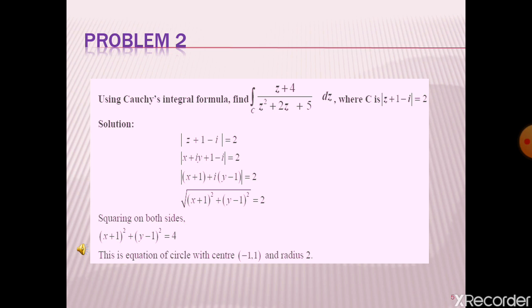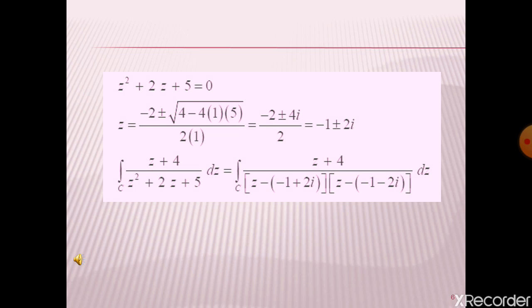On simplifying, we arrive at (x + 1)² + (y - 1)² = 4, and it is the equation of a circle with center (-1, 1) and radius 2. Now I take the denominator z² + 2z + 5 = 0. Using the basic formula, you can solve this equation. So we get z = -1 ± 2i.